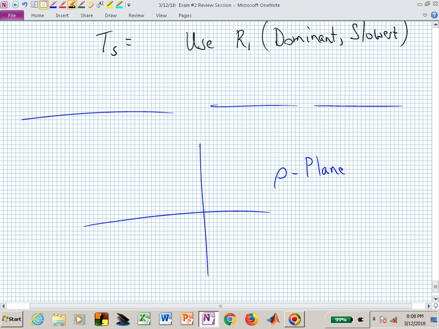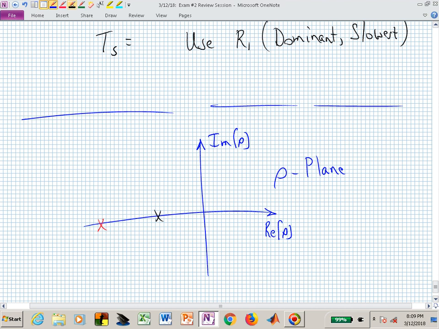Now I've forgotten your question. You said something about a pole here and a pole here. Which of these poles, black or red, do we use for settling time? Which one's fastest? If you get confused, you can label these.